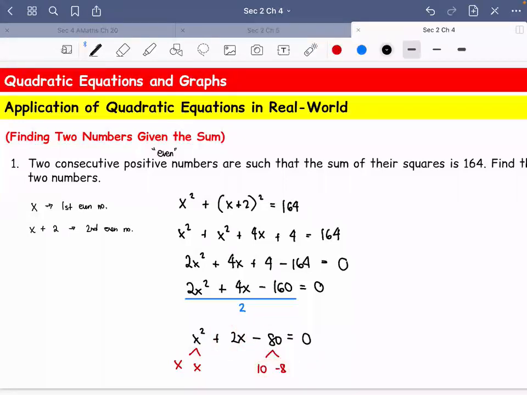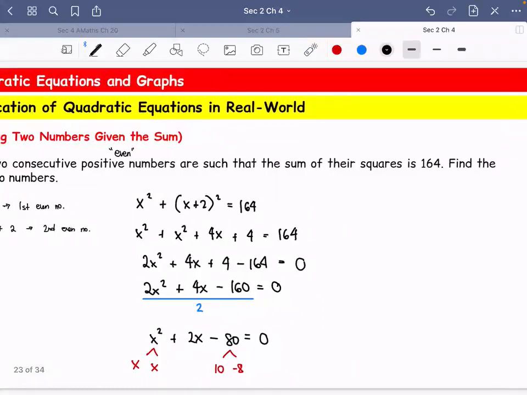So let's continue on this part here. It becomes x plus 10 and then x minus 8 equals 0. So what are the values of x?